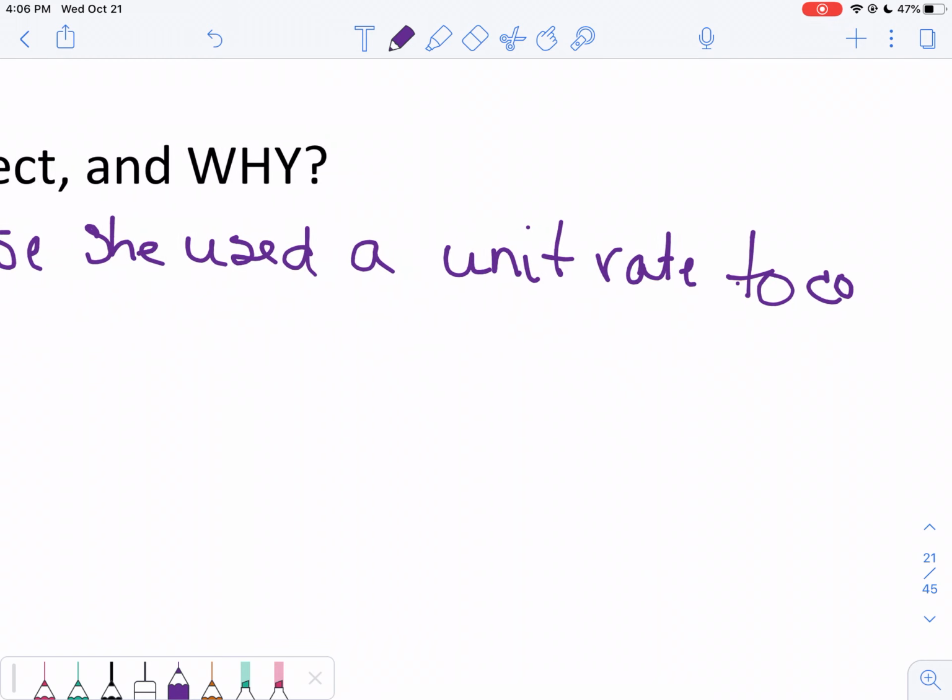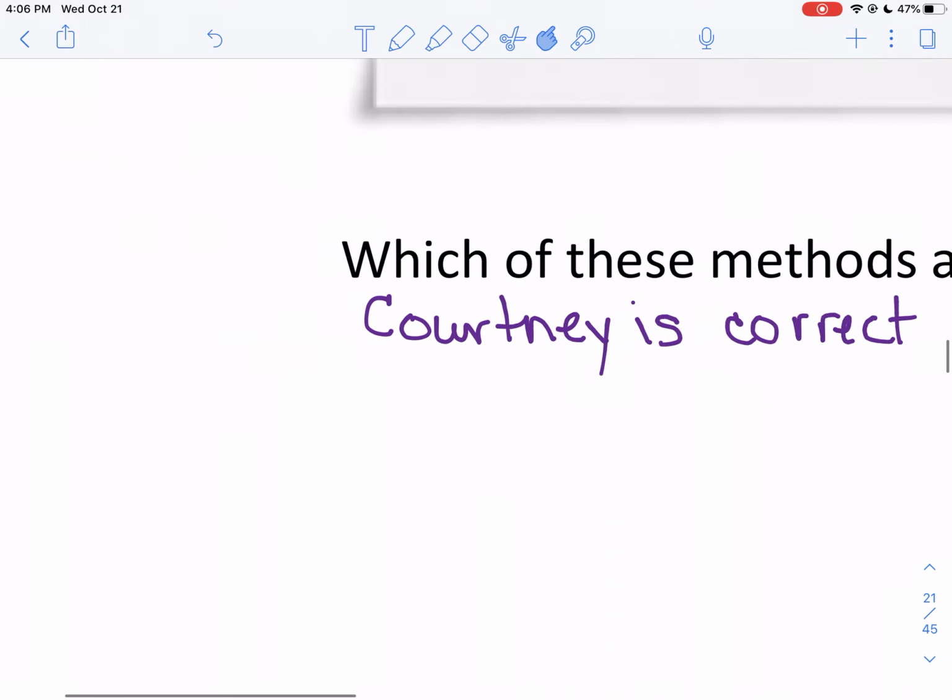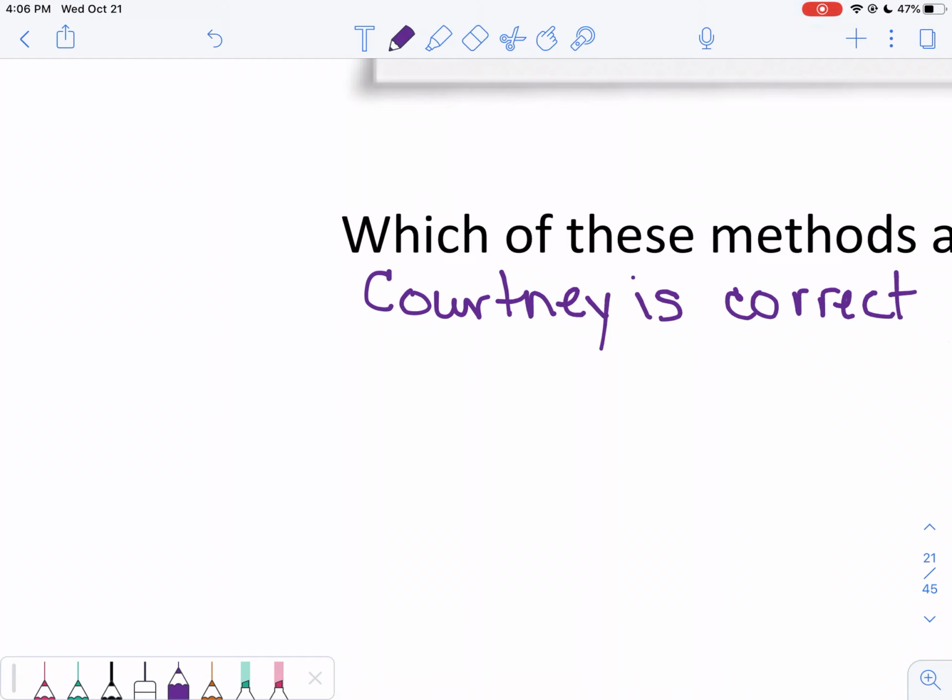So she used a unit rate to compare. And so Courtney was right. And then Julio was right.